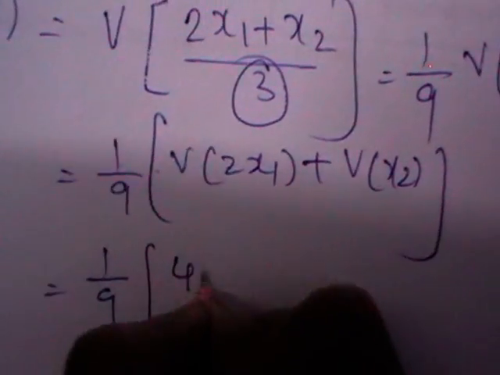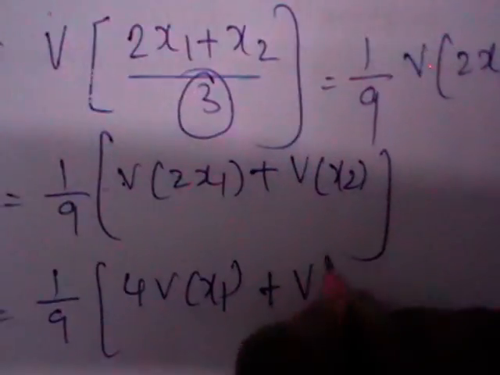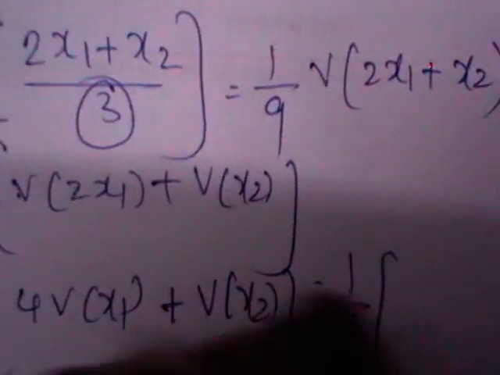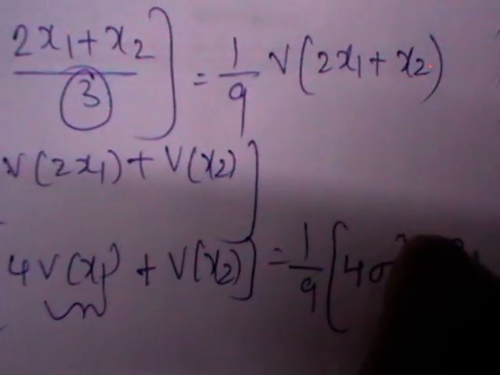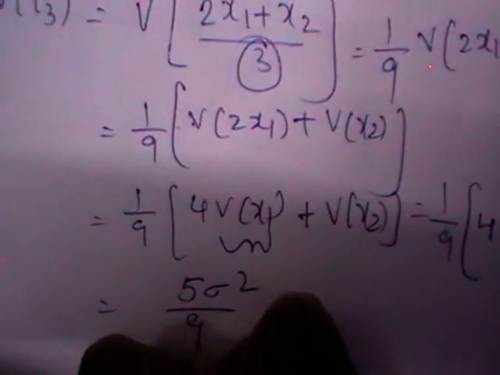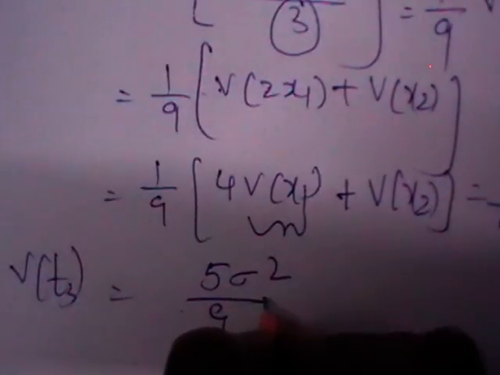This is 4 into variance of x1, again, this is a constant, 2 square is 4, plus variance of x2. What is the variance in a normal distribution? 4 sigma square plus sigma square, which is nothing but 5 sigma square by 9. So you got the variance of T3 as 5 sigma square by 9.